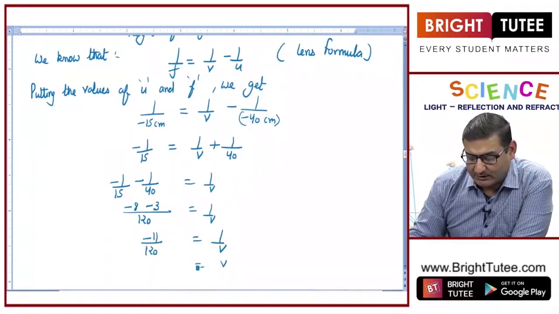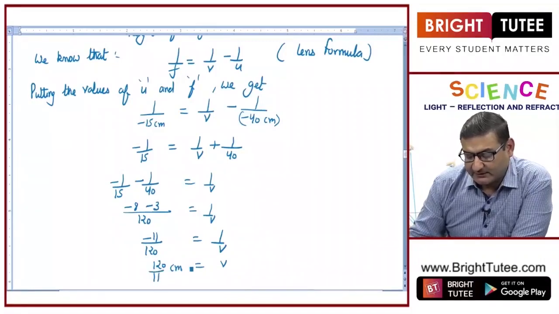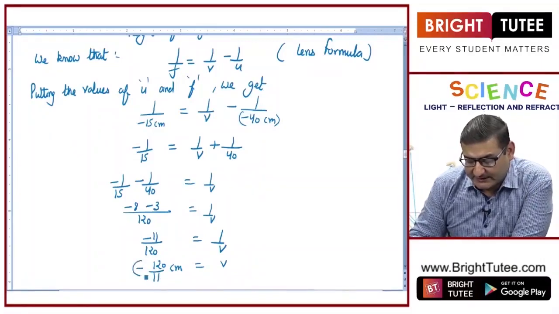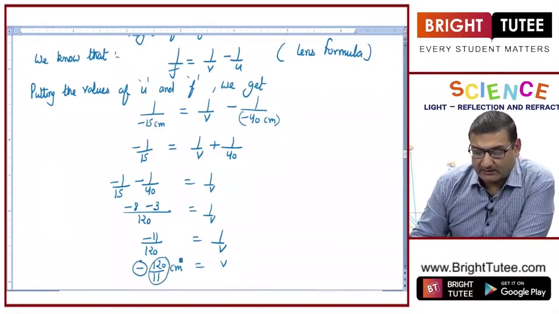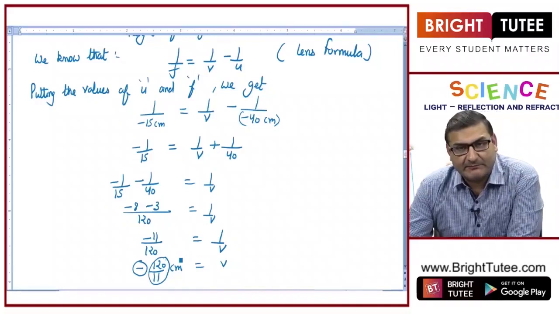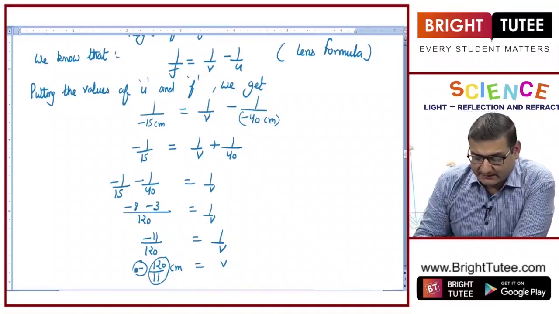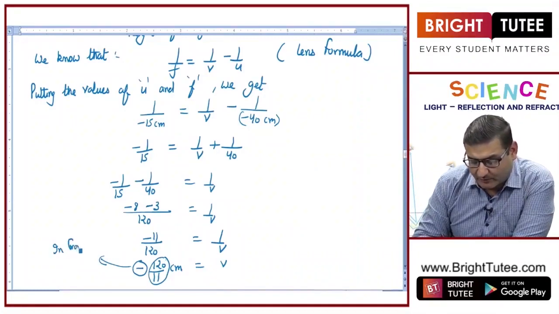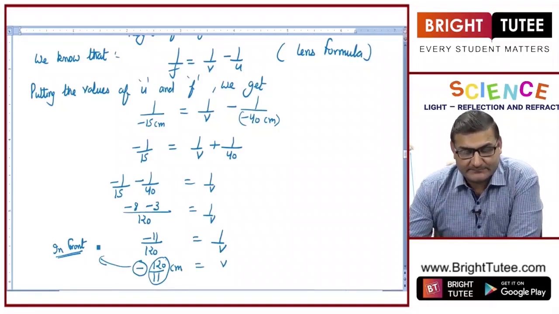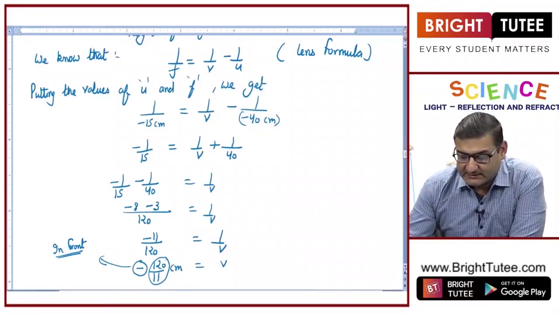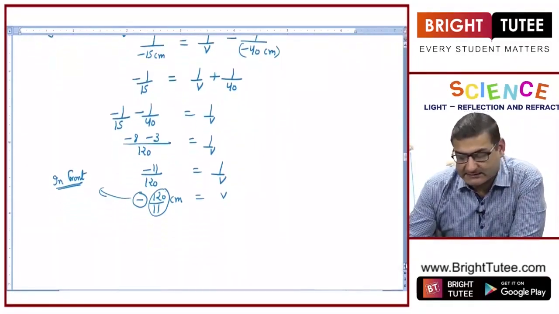Taking the reciprocal, v is equal to 120 by 11 centimeters, which is in minus. I can just calculate it till 2 decimal places. That will be my answer. And the main thing is this minus sign signifies that the image formed is in front of the lens. Right? This is what I have got, image distance.